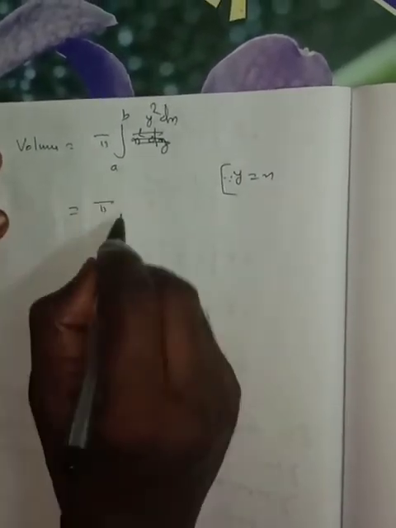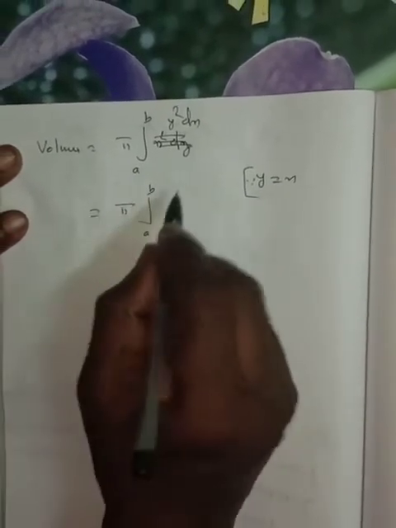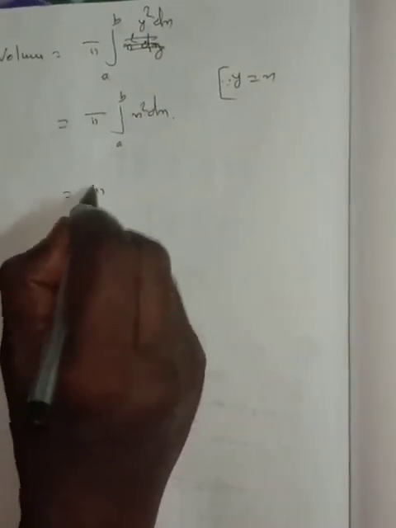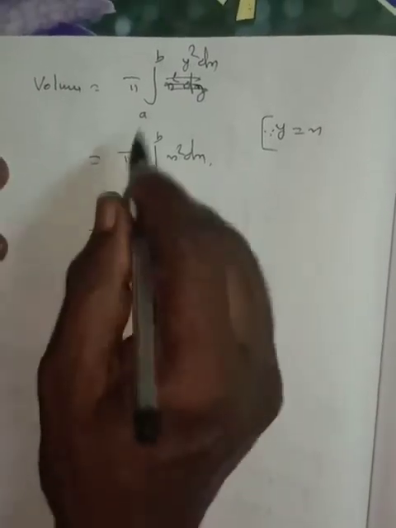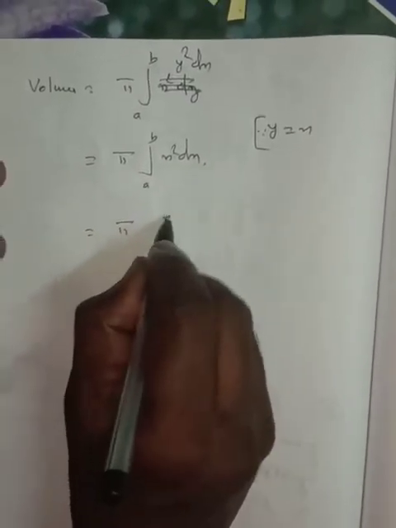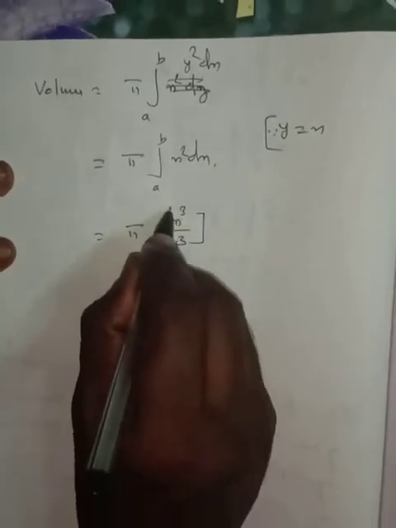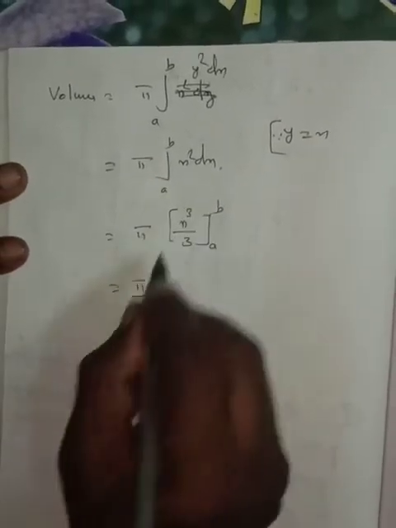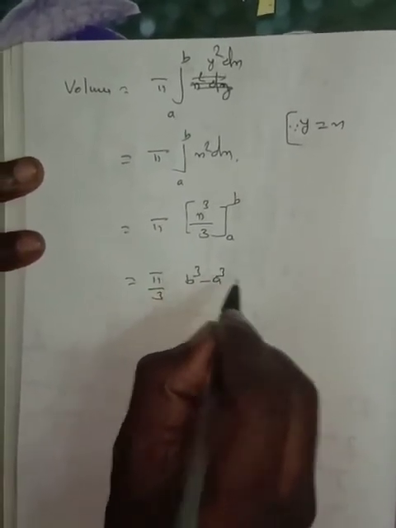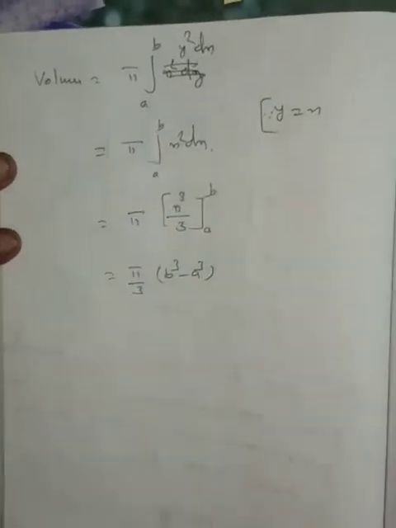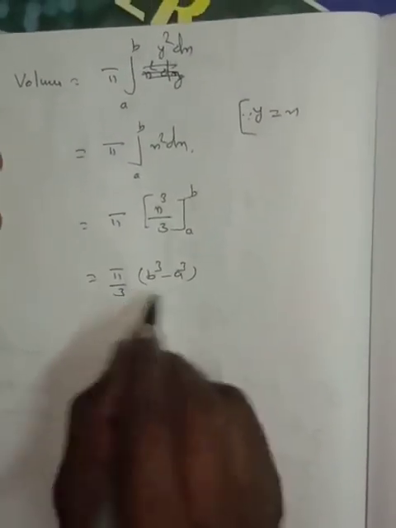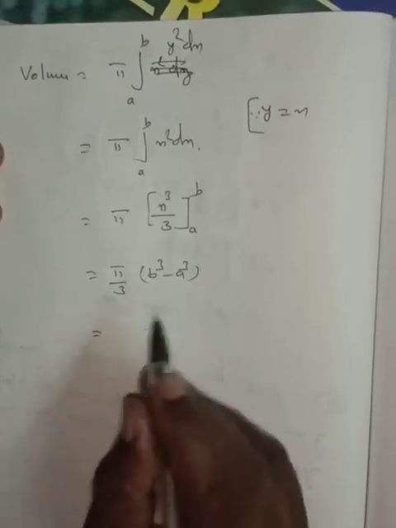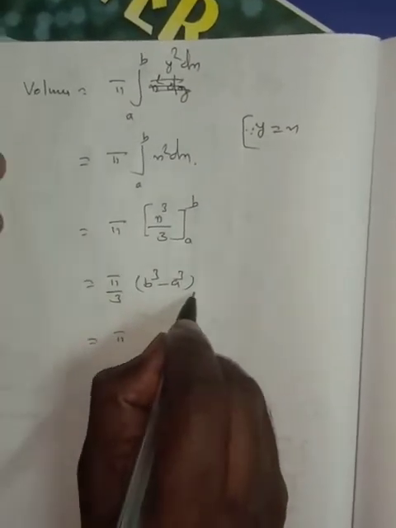Therefore pi integral A to B x square dx. The limit is in this case A to B. So integrating we have x power 3 divided by 3 taken over the limit A to B. Pi by 3 (B cube minus A cube). B cube minus A cube means, we know that, (B minus A) into (B square plus BA plus A square), taken over the limit A to B.